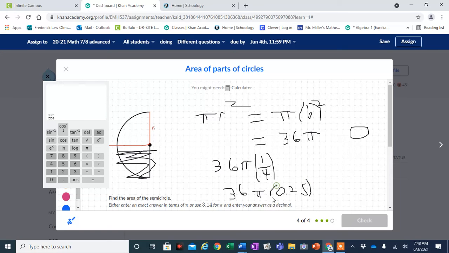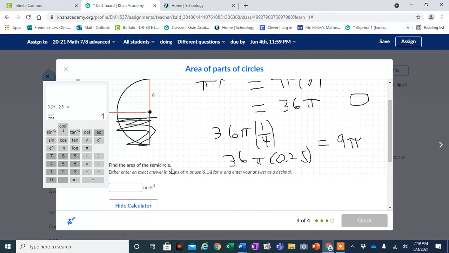Either way, whichever one you decide, 36 divided by 4 or 36 times 0.25, you will end up with 9 pi. And again, that would be if this was a quarter circle. This picture isn't really a quarter circle, so that's an example of if it is a quarter circle.